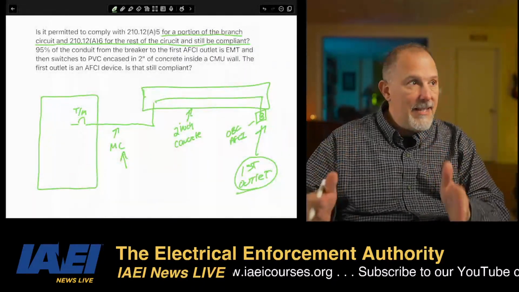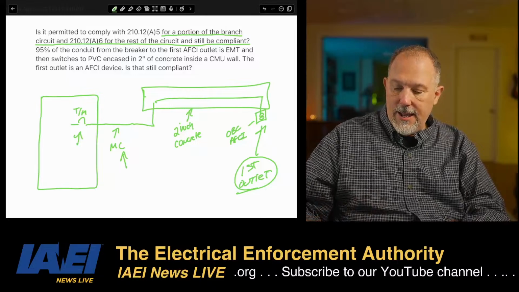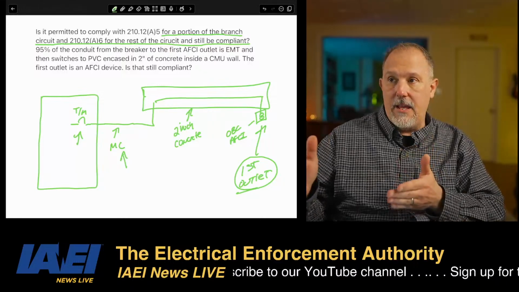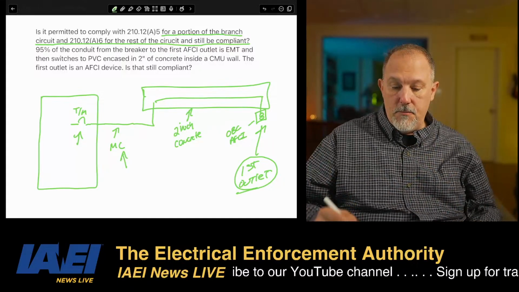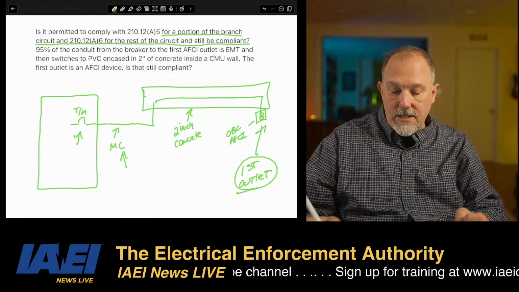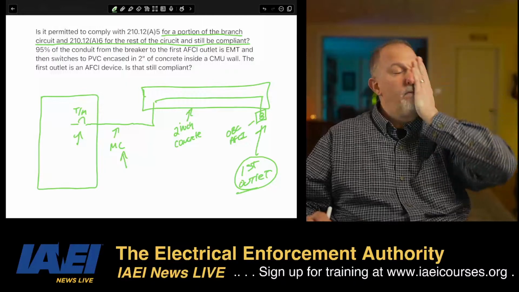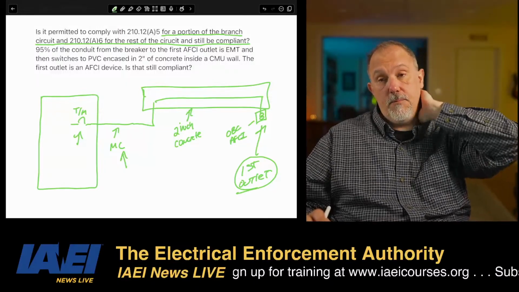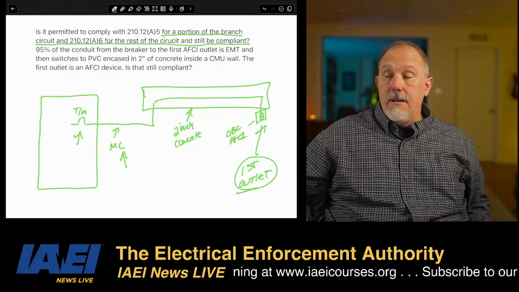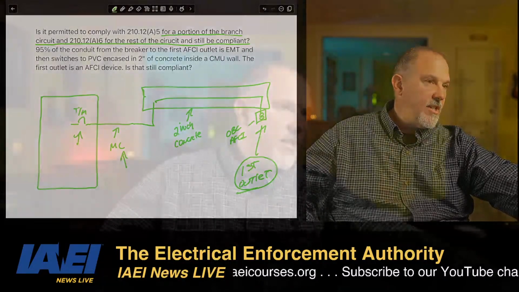So in both of these cases, it says between the branch circuit overcurrent device, which is there, and the first outlet, there's no provision in 210.12(A) that would permit coming out of the panel board in MC cable, going into 2 inches of concrete to the first outlet. That would not be permitted. Now, your AHJ could say, look, I'm going to permit that, but that's not a specific allowance in the code book.